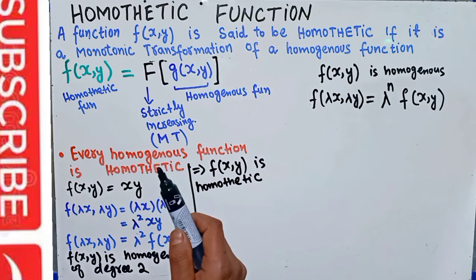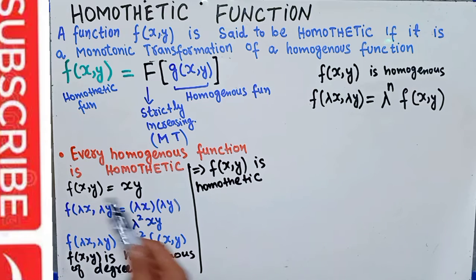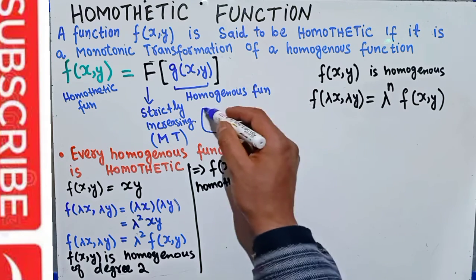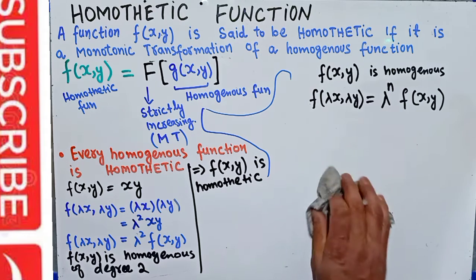To prove a function is homothetic, we simply need to prove that it is homogeneous. Since we got it as homogeneous, this function is homothetic. But another thing can happen here. Sorry for my English, I'm not an English expert.